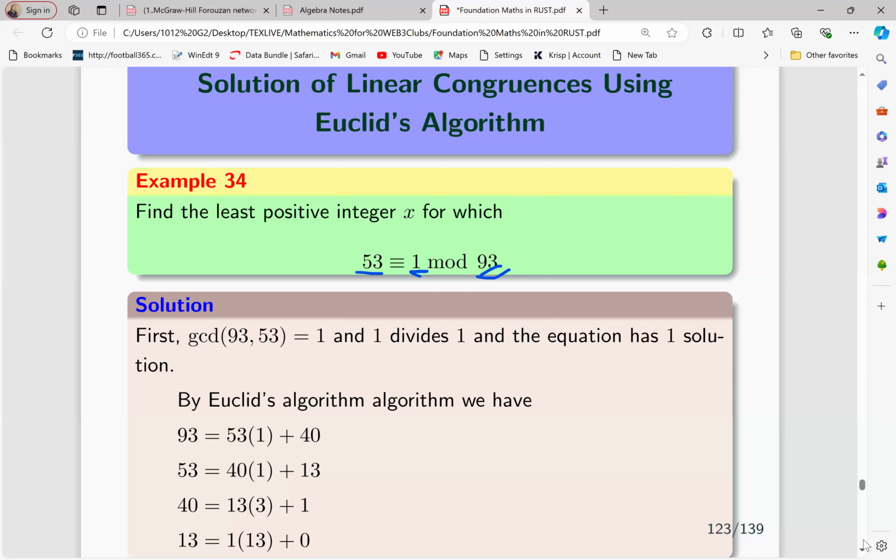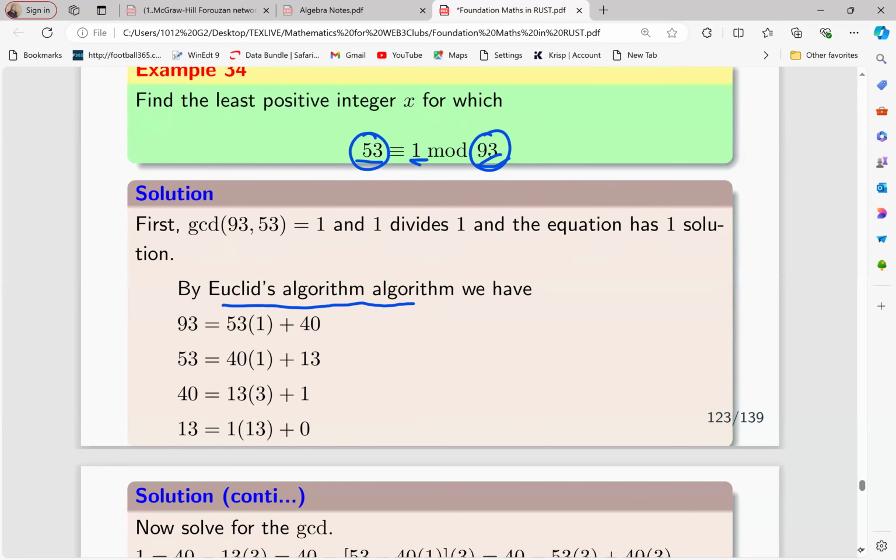First of all, we have to tell the program that using this number A and M, do the Euclidean algorithm and give us the GCD. So it will do that and get the GCD.